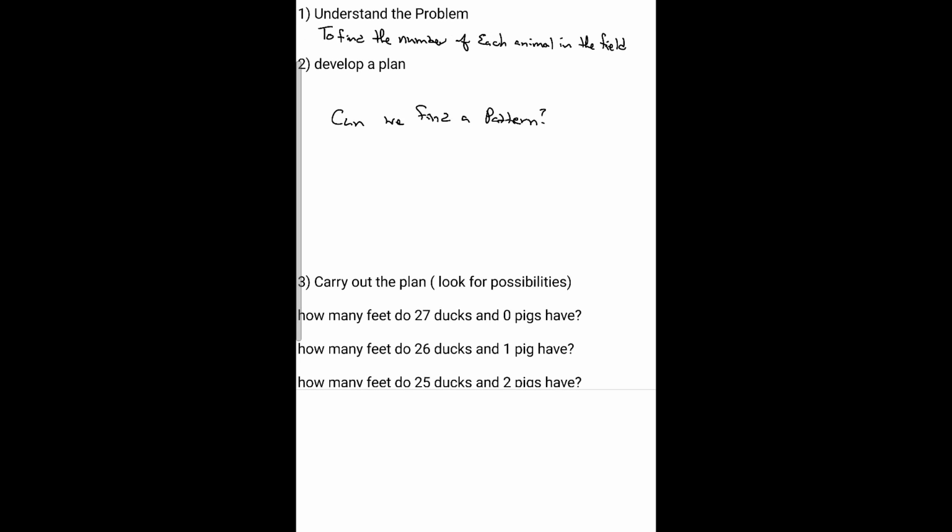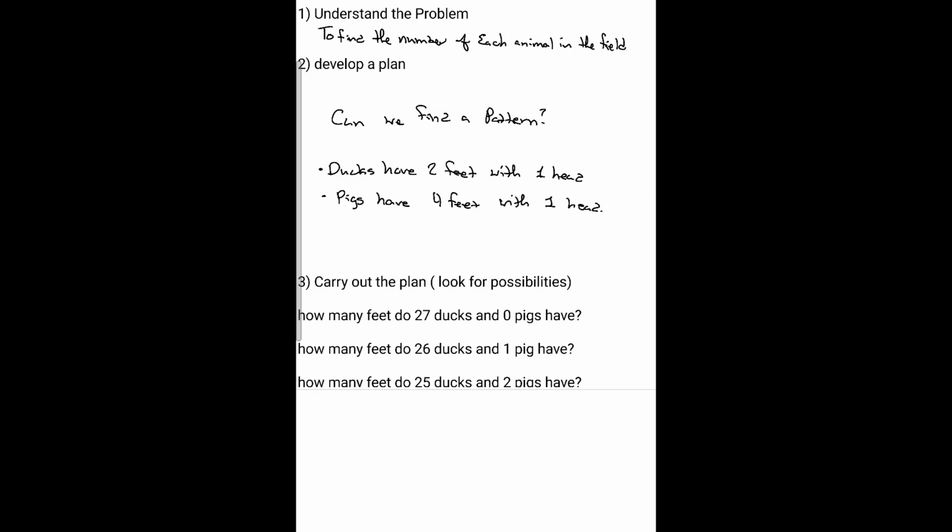Ducks, they waddle on 2 feet with, I hope, one head. Okay. Pigs have 4 feet with, yet again, I hope, one head.